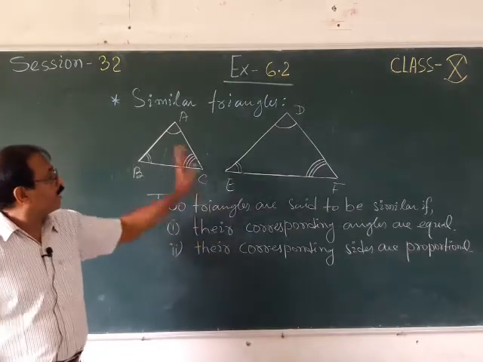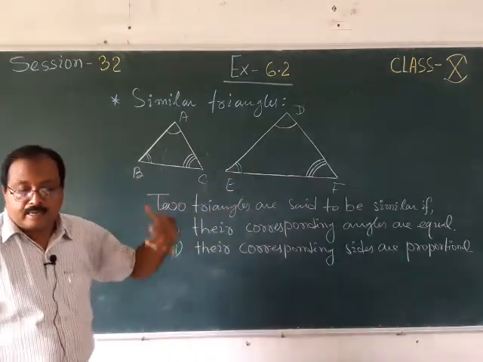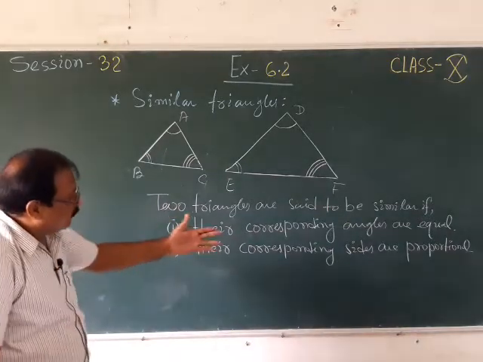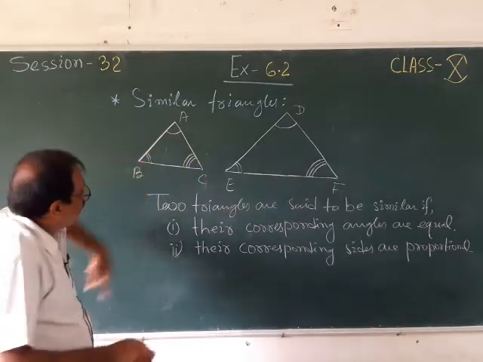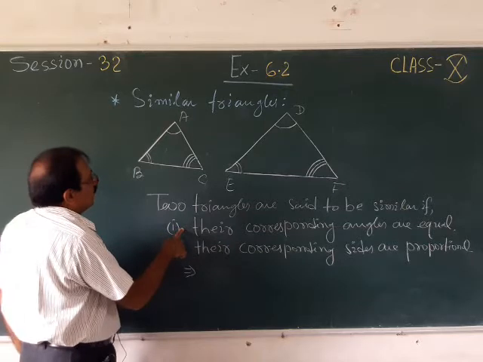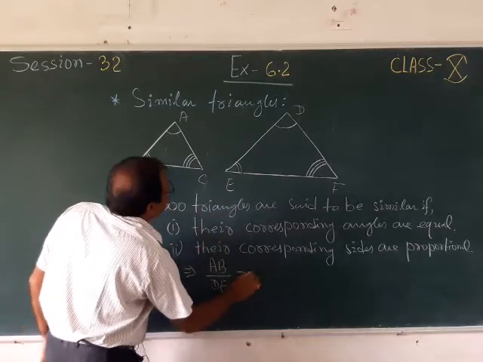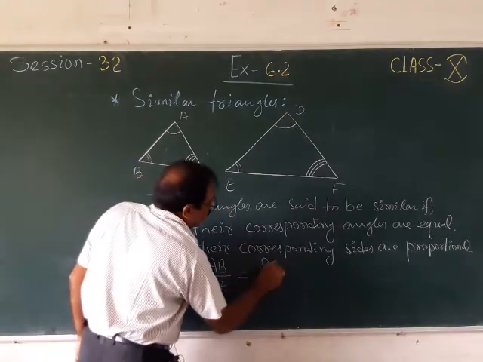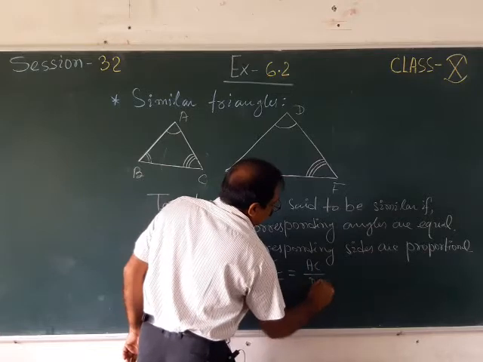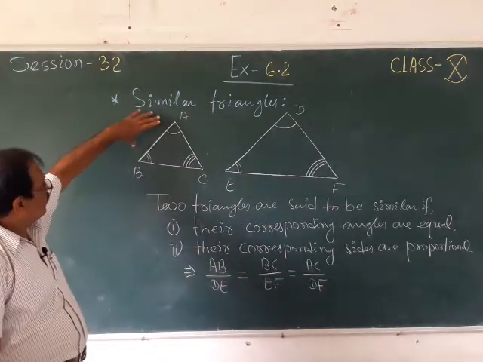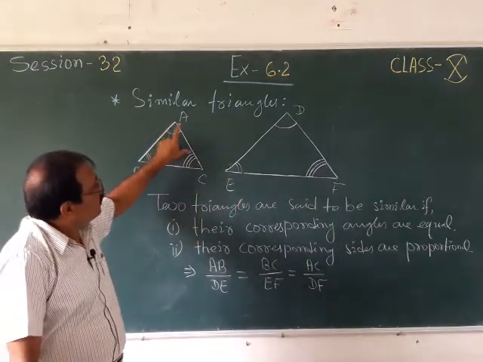You have already seen that corresponding angles means angle A should be equal to angle D, angle B should be equal to angle E, and angle C should be equal to angle F. And when I talk about corresponding sides, it means AB upon DE should be equal to BC upon EF, and it should be equal to AC upon DF.